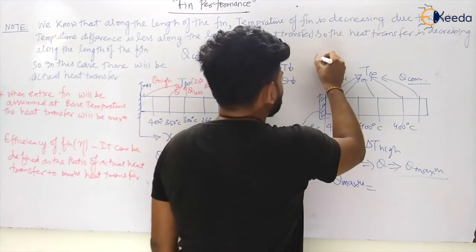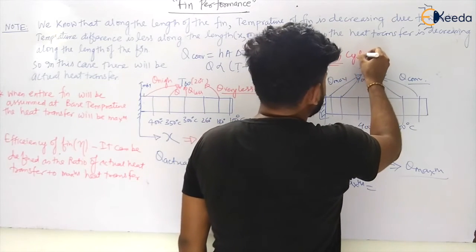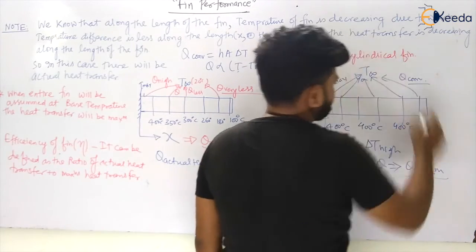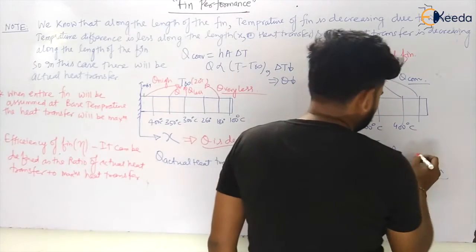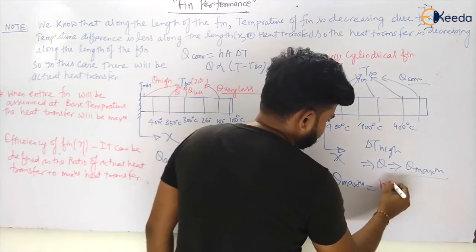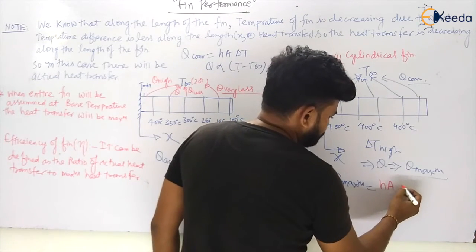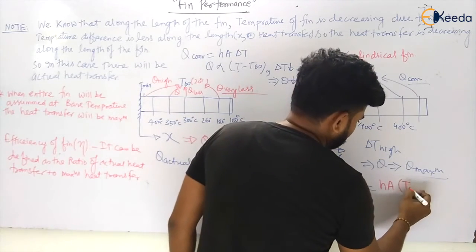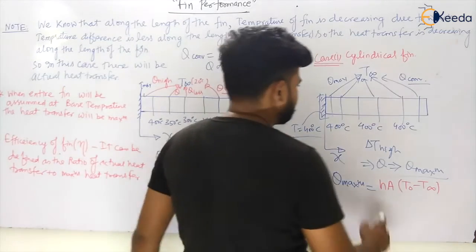The heat transfer will be given by hA delta T, so Q max is equal to hA, the area for heat transfer, into delta T, which is T naught minus T infinity.